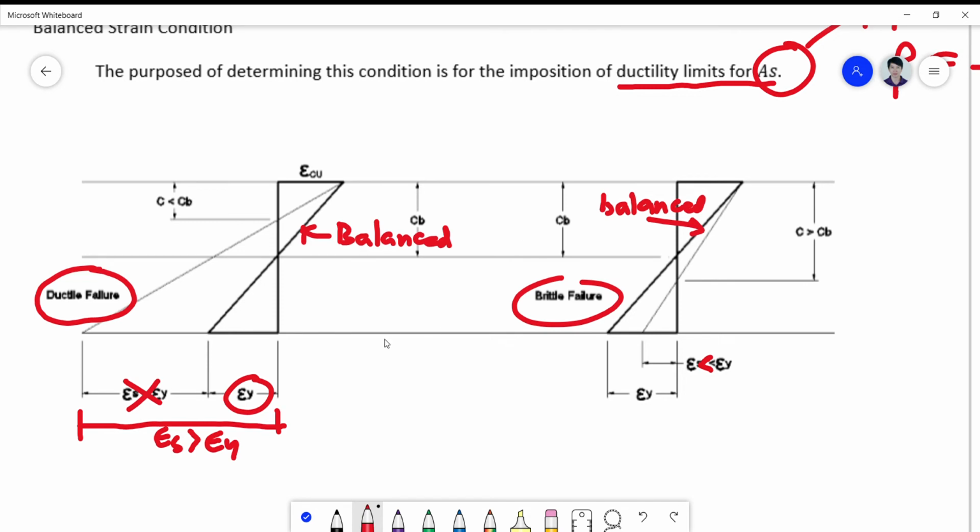So that is the range at which ductility and brittleness are separated. But of course, we have some minimum and maximum value for ductility. We will be interpreting or analyzing that later in terms of the area.